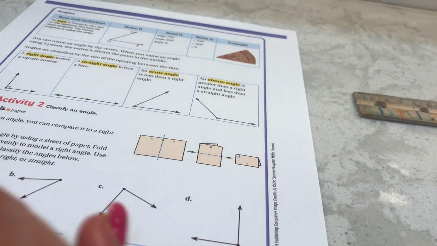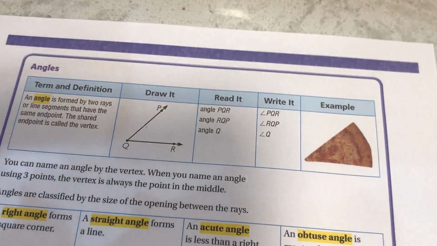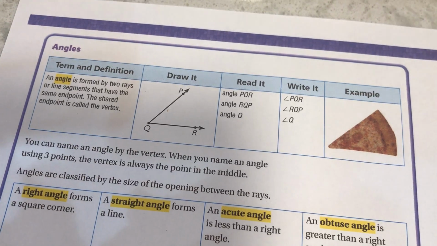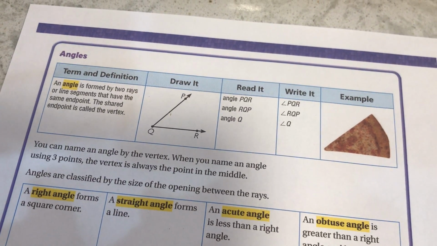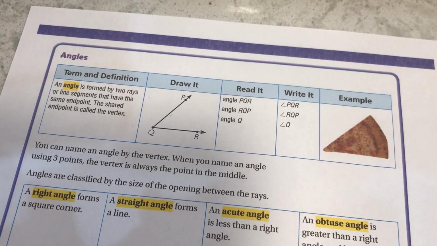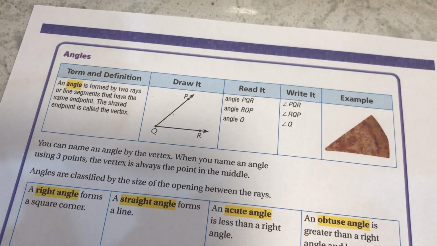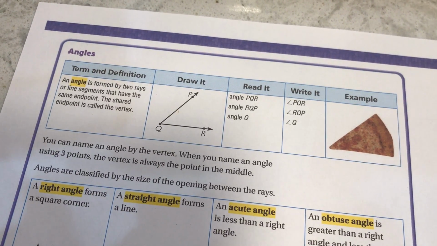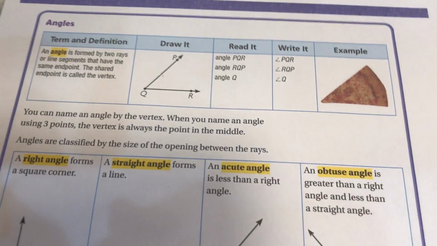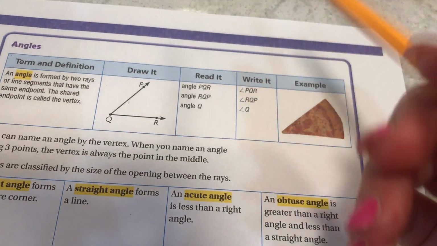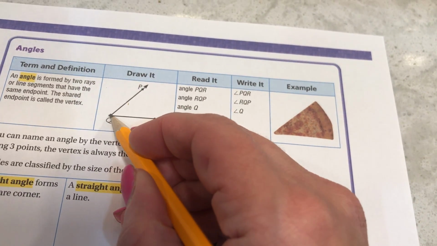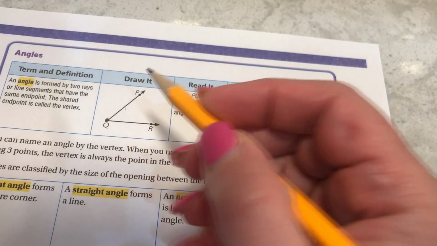So let's look at this. An angle is formed by two rays or line segments that have the same endpoint. The shared endpoint is called the vertex. So Q in this example is my vertex.